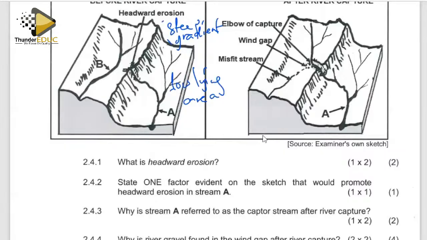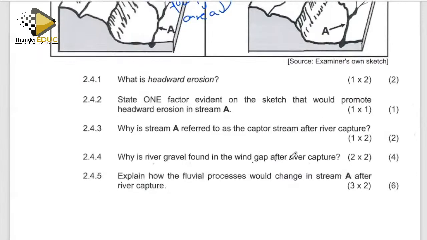It implies that a stream which develops towards the watershed will have more energy, will be energetic, such that it keeps on advancing headwardly until it reaches that other area. So because of the river flowing in a low-lying area, and because of the steep gradient on this side, those are the factors which promote headward erosion.